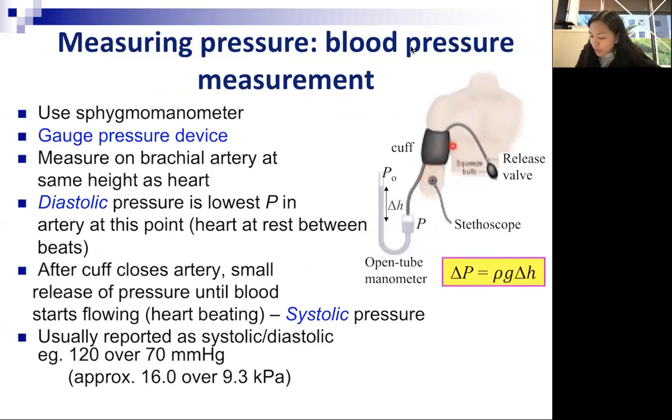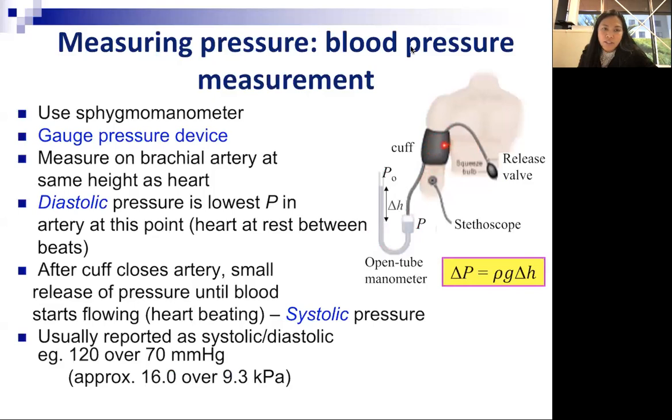Yeah, and so that's why if you notice, the doctor puts the closed end of the sphygmomanometer at the same level as the heart, because if you want to measure the blood pressure at the heart, so how hard the heart is pumping, then the pressure at the same height is the same, right?